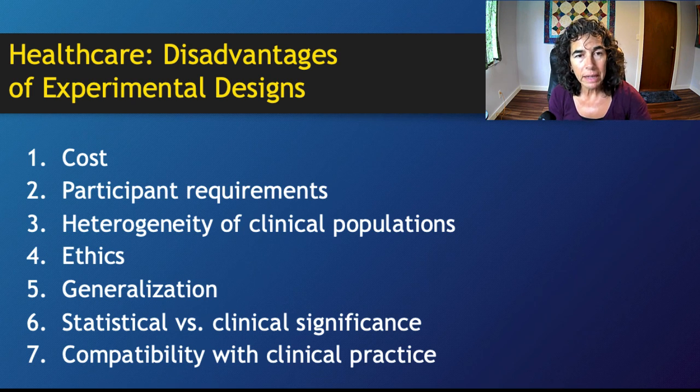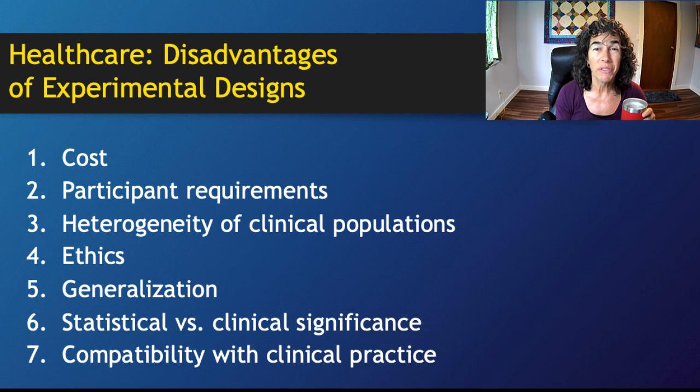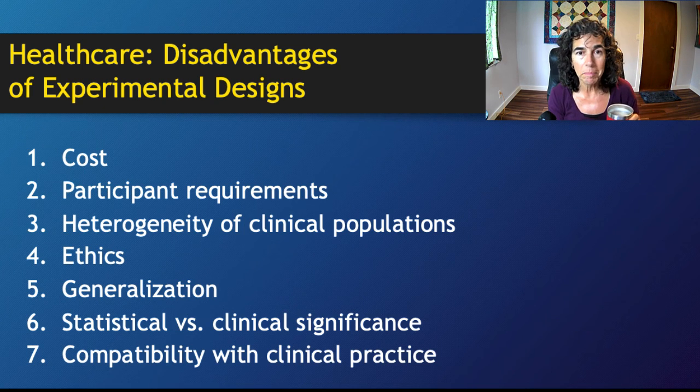So having an experimental design means you have a lot of controls in place to prevent confounding variables. But if you're doing a study in a clinical setting, what we want to be focused on is the health and welfare of our clients, not how much control we can have over the environment, for example. So the ability for clinicians or practitioners to do research is limited when we're in clinical practice, and that can be a challenge with experimental design.